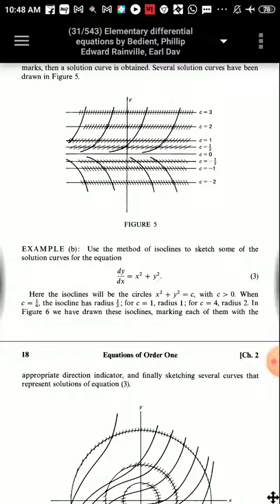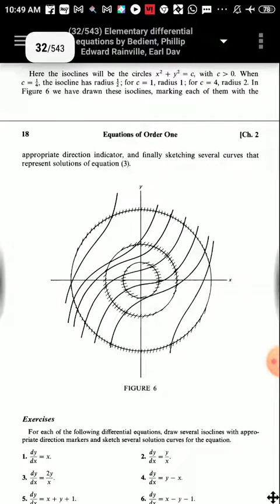In figure 6, we have drawn those isoclines, marking each of them with the appropriate direction indicator, and finally sketching several curves that represent solutions of equation 3.